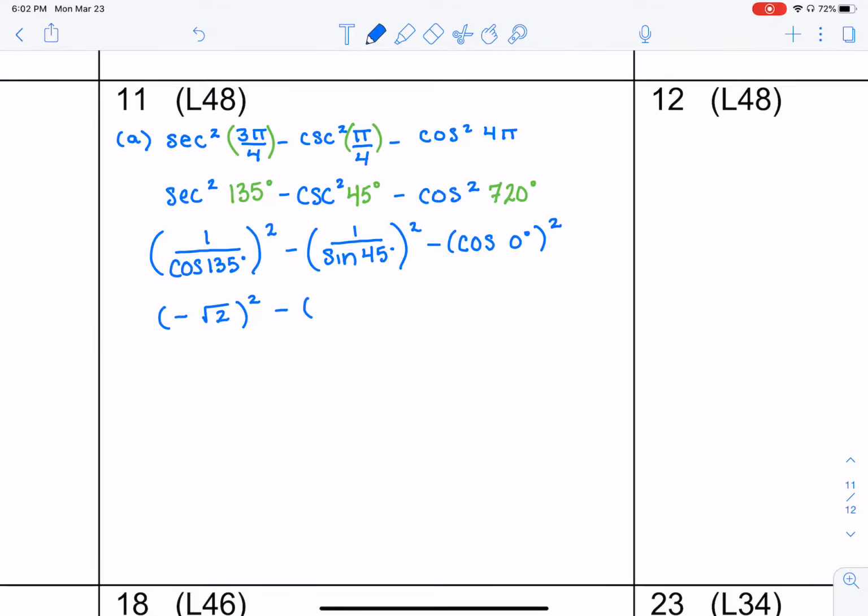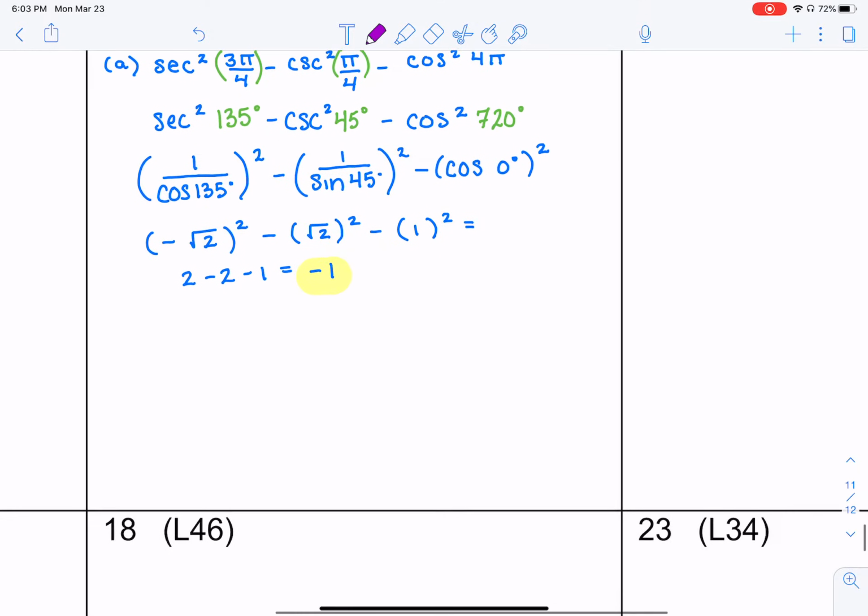Sine of 45 degrees is 1 over root 2. Reciprocated is root 2 squared. Cosine of 0 is 1, and we square that. So that will bring us to 2 minus 1, which is a final value of negative 1. Okay, that was just for part A.